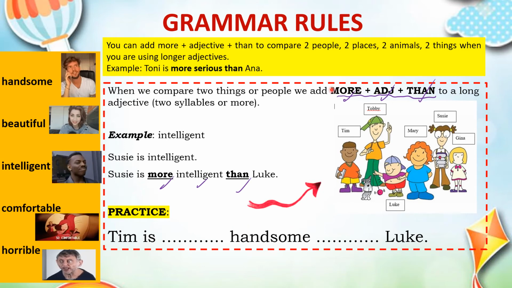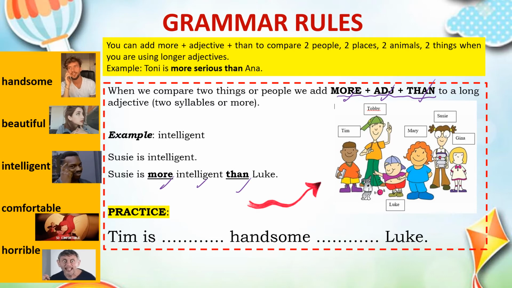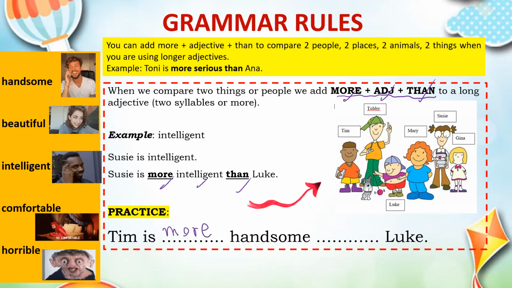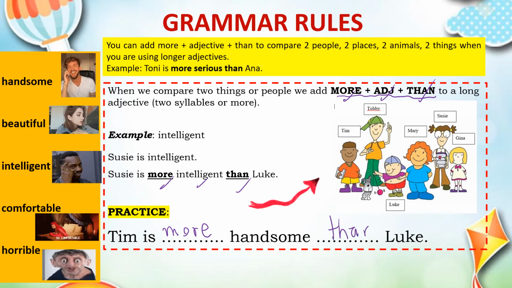Let's review. More. So over here I'm going to write, teen is more handsome, and after the adjective we have than. So let's complete. This is more, teen is more handsome than Luke. That's it.